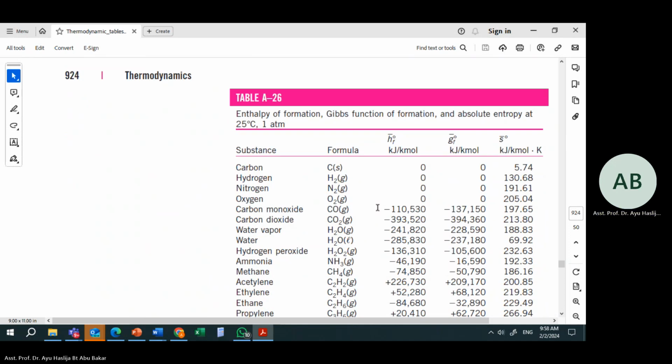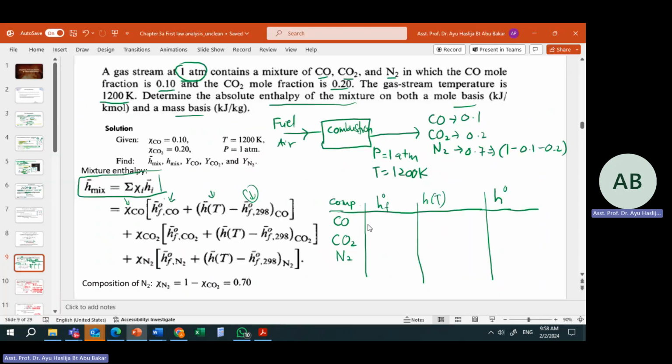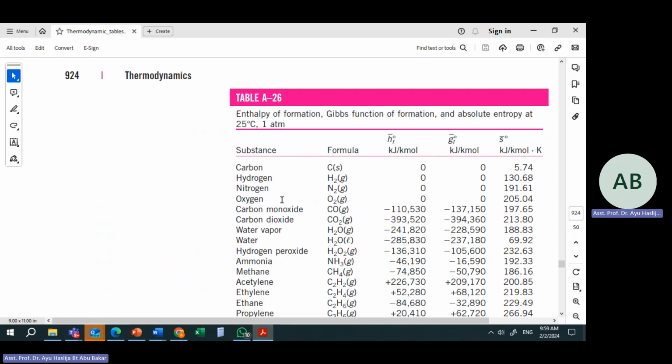Found it, A26. The component we need is CO. So look for CO. Found it. So this is its HF. The unit is kilojoule per kmol. Unit is also important.